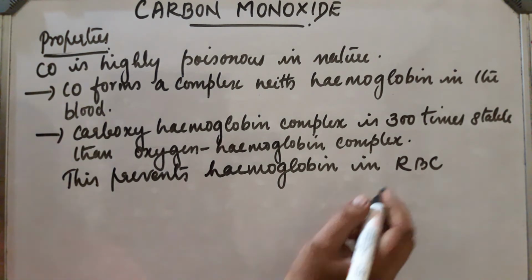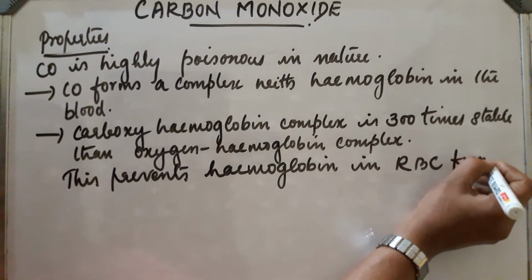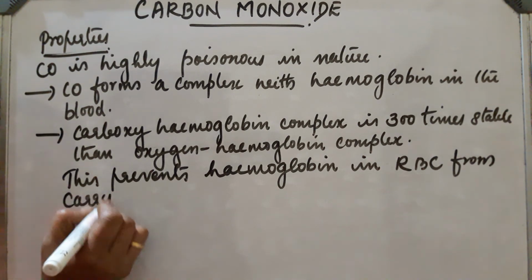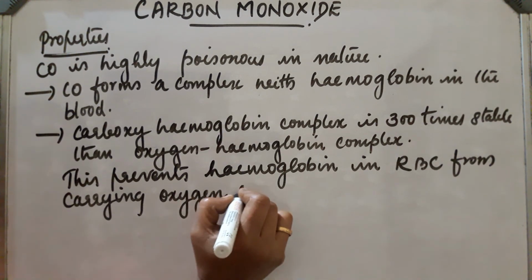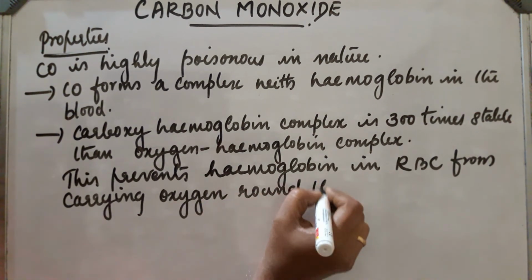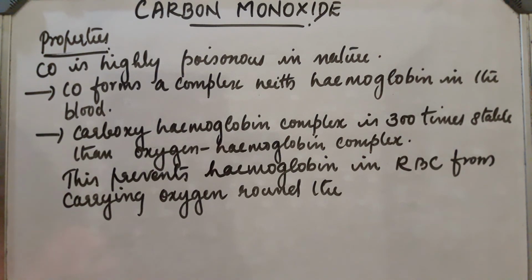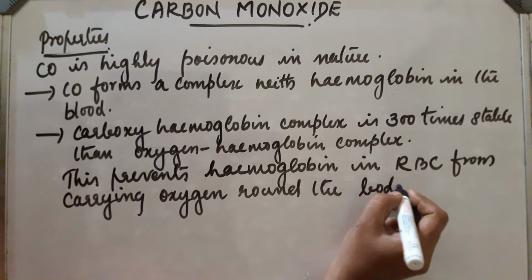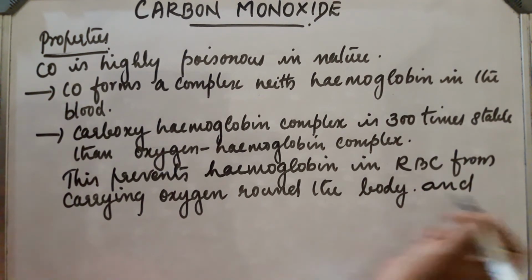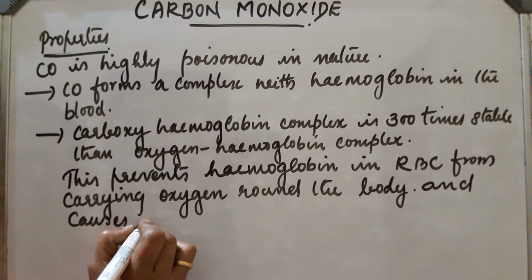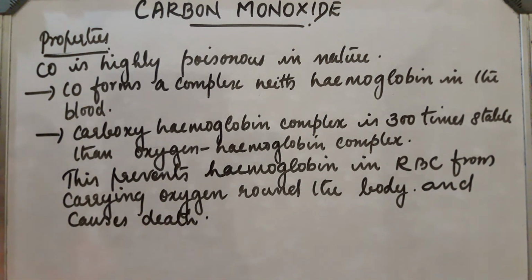The hemoglobin is unable to carry oxygen around the blood, and this causes death. So we can say carbon monoxide is highly poisonous in nature.